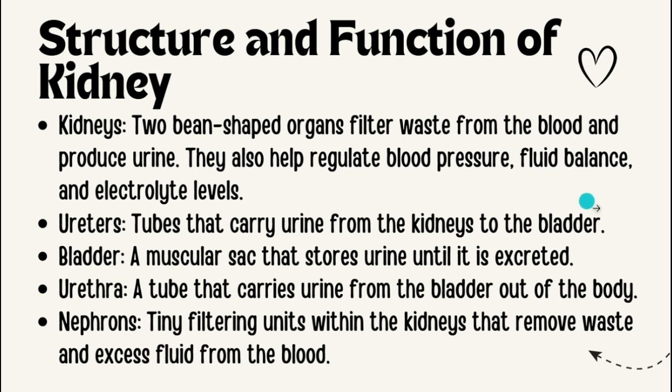So as it relates to the structure and function of the kidneys, as I said before, it is the main excretory organ. If we're focusing on the structure, you just need to know what it looks like: two bean-shaped organs. We don't have one, we have two kidneys.